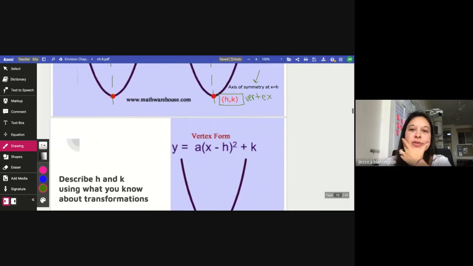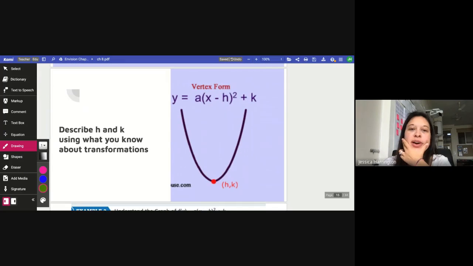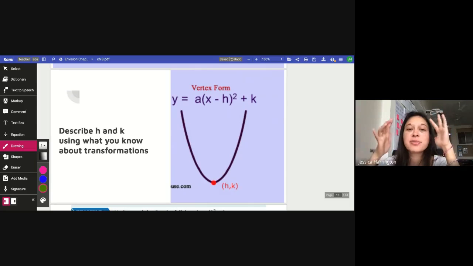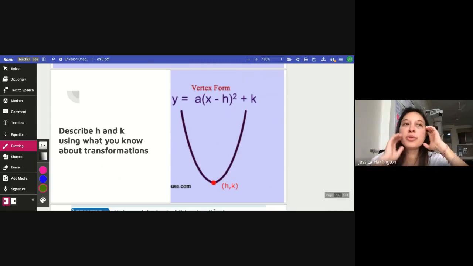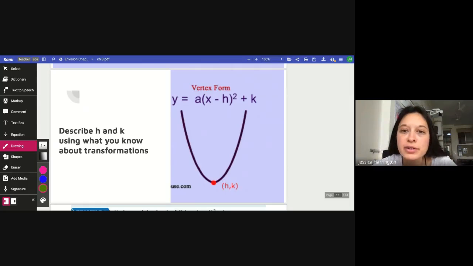So here's vertex form again. I want you to think about this in terms of the transformations we talked about. Remember vertical and horizontal translations, like sliding the graph to the left or right or up and down? Those were performed by adding or subtracting numbers to a function.